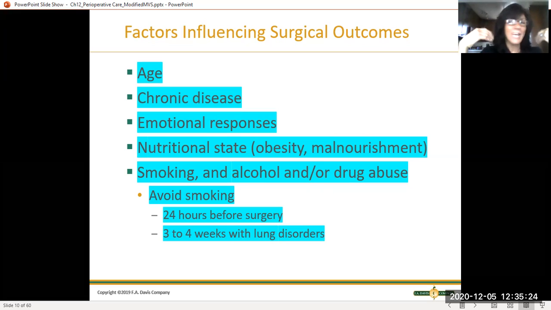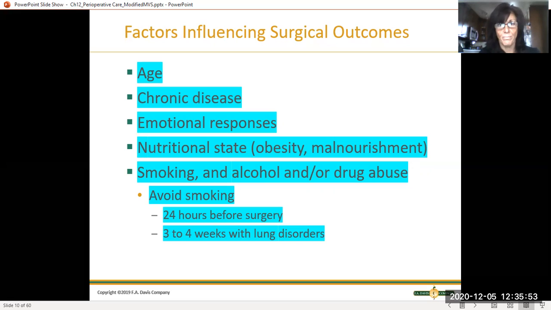So if you're going into this surgery with the mindset like, I'm going to have this done and I'm going to do great, that's a much better potential outcome just based on your mindset than the patient who's going, I don't know if I want to do this, I'm probably going to be in a lot of pain afterwards and this is going to be horrible and it's going to suck. They already have that negative mindset. And believe it or not, that can have a big influence on how well they do postoperatively.